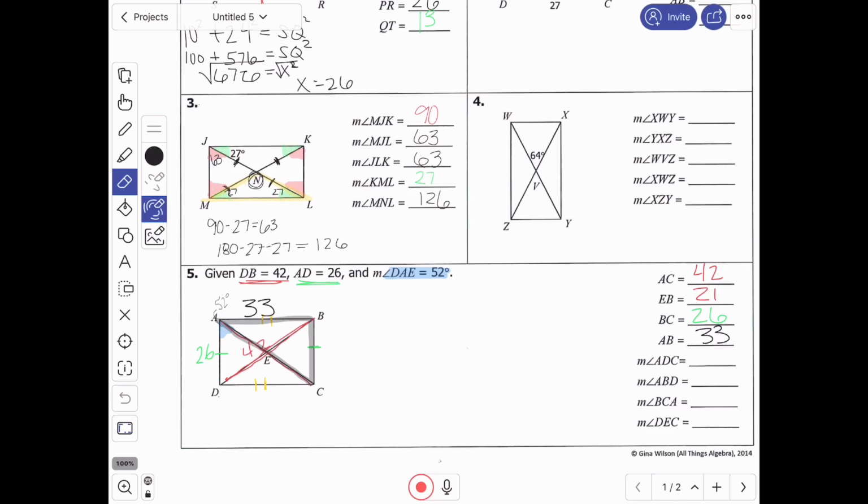Now I'm going to think about my angles, so I am going to get rid of all my side measures because those aren't very helpful for the angles. The only angle I know is angle DEA, and that's the blue angle that I have right there.